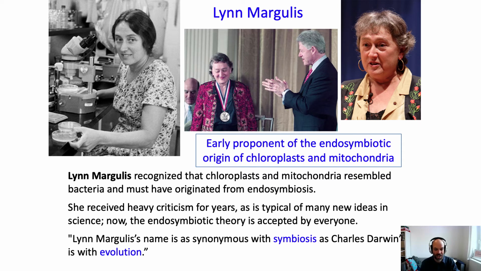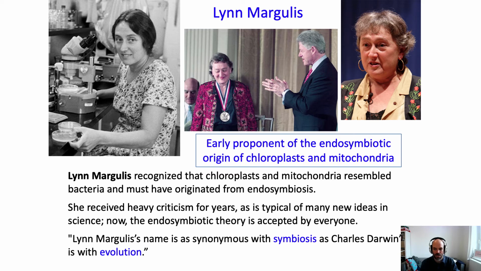New radical ideas, and this is a truly radical idea, are almost always roundly criticized as being radical and crazy. And it took a lot of work and a lot of evidence to convince all of the old fogies that this was real, that this is really how the eukaryotic cell evolved.